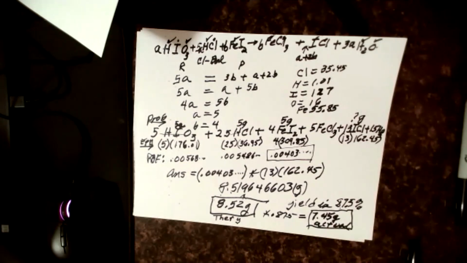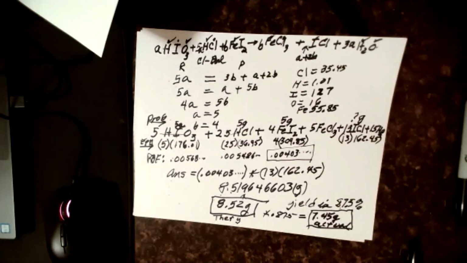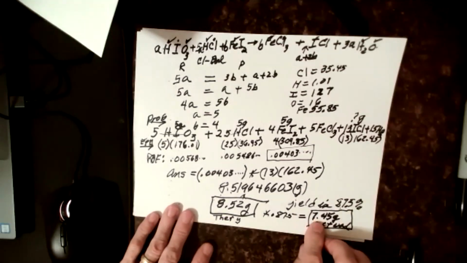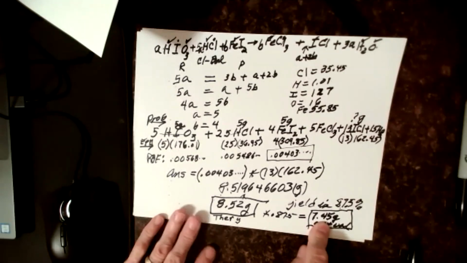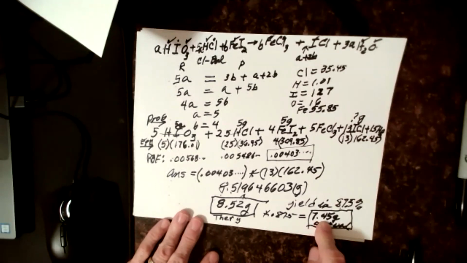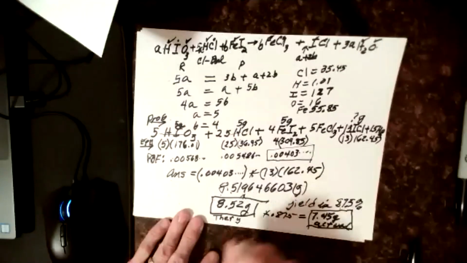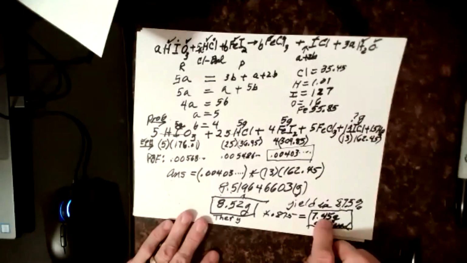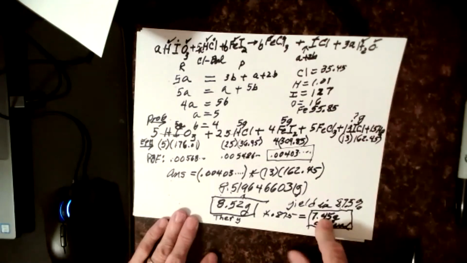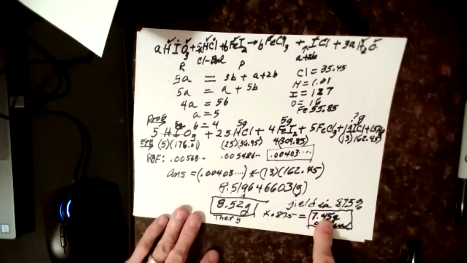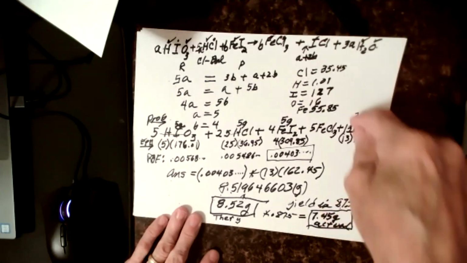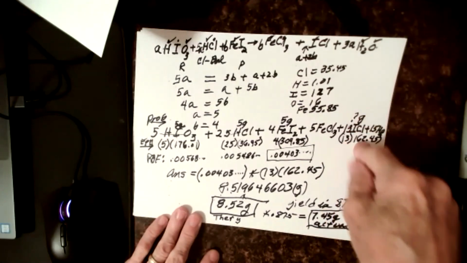Suppose, for example, I'm trying to make the iodine monochloride, and I want to have in my hand 7.45 grams of it. And I say, okay, how much iodic acid would I need in order to make 7.45 if the yield is only 87.5%? Well, I'm going to take the 7.45 divided by 13 divided by 162.